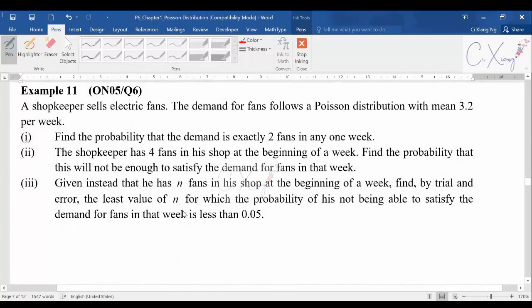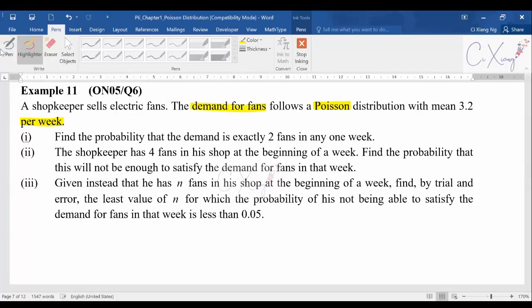For example 11, again, you see the keyword Poisson distribution. If they didn't give you this word, then the "per week" will give you a hint that this is a Poisson distribution. Now, what is the X? If you read this question, they are talking about the demand for fans.